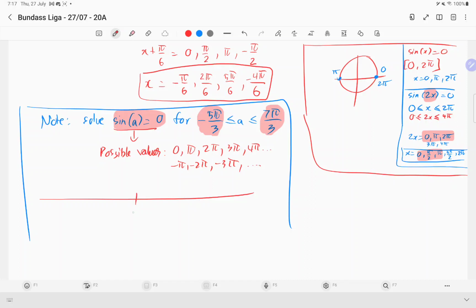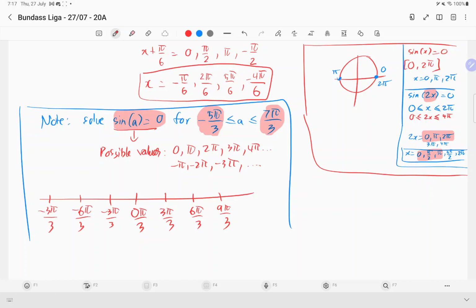So the possible values would be 0 pi over 3, then 1 pi, which is 3 pi over 3, then 6 pi over 3, and then 9 pi over 3. In the negative region would be negative 1 pi over 3, negative 2, negative 3 pi over 3. Let's say we go to these ones so far.